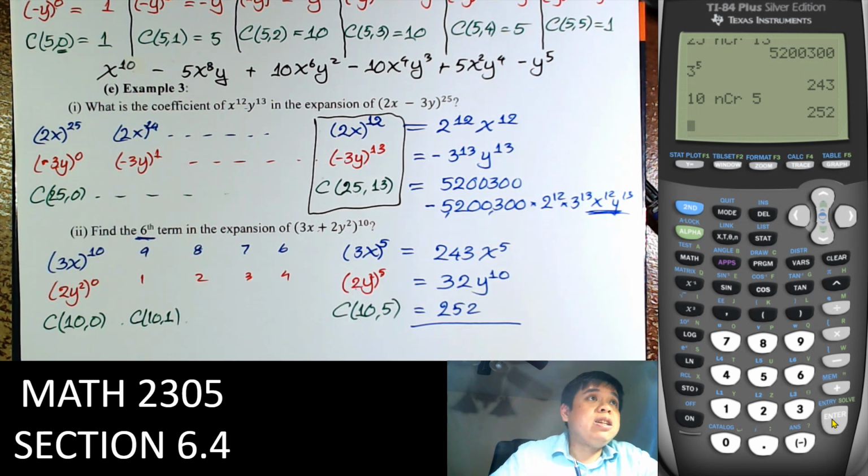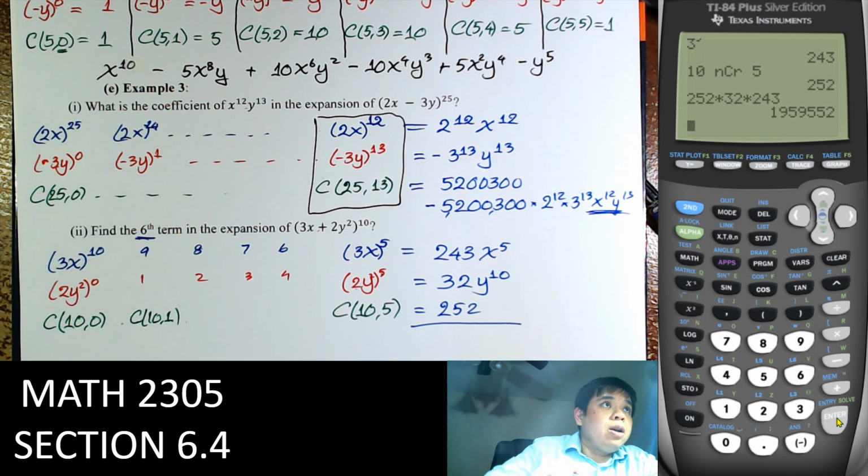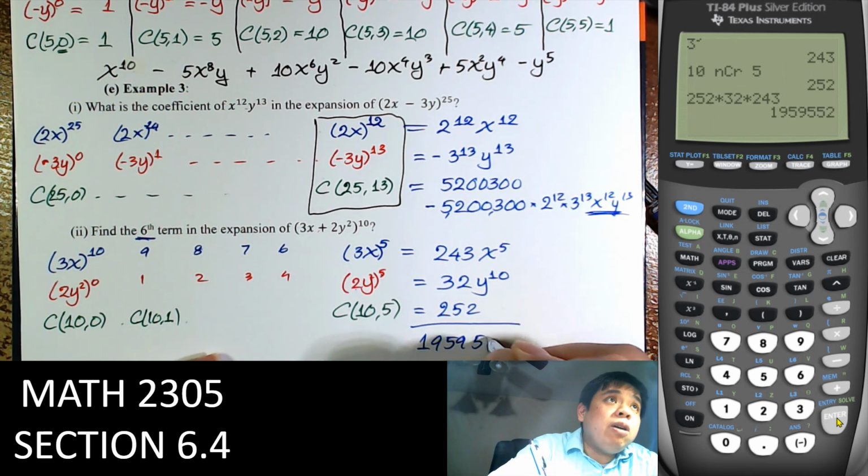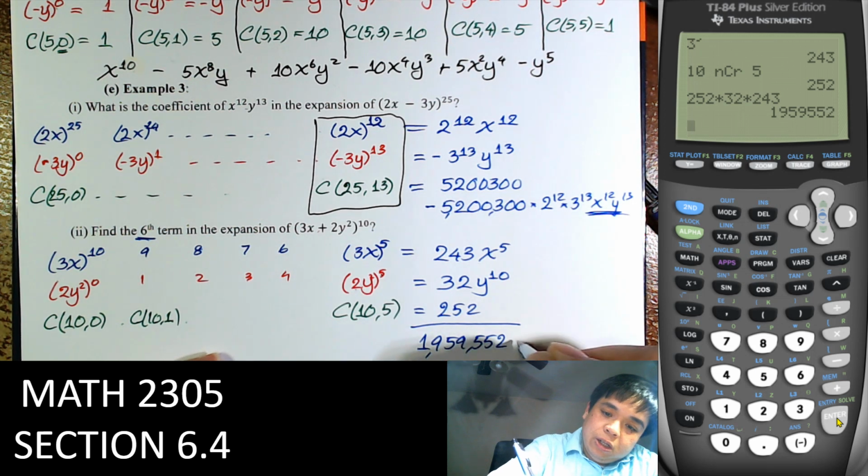And multiply everything in the column. Right, we have 1959552 x to the 5th, y to the 10.